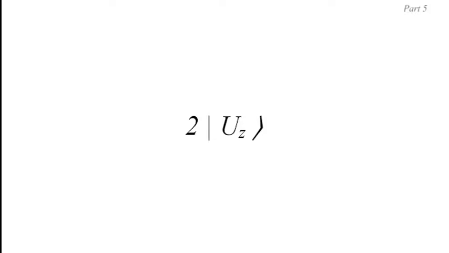It just means having a vector twice as long, if I can use the word long about such a theoretical thing. You would not, however, then put the 2 inside the ket bracket. That would be silly. The UZ part of this is just a label. It's the whole thing that stands for the state that the electron is in. Its spin is up, for this state, in the positive Z direction.